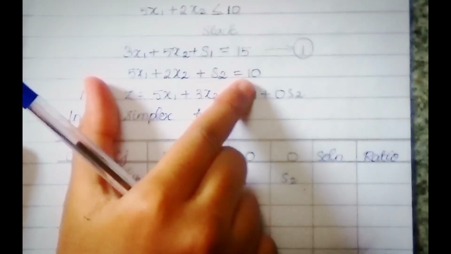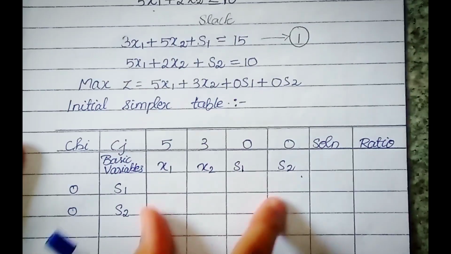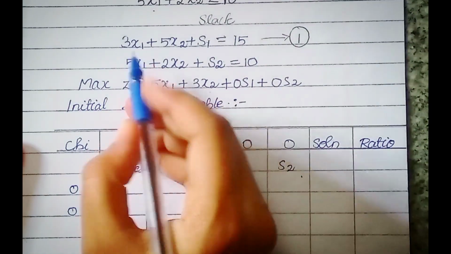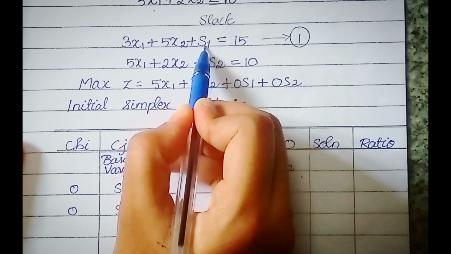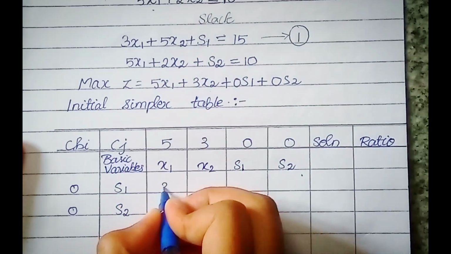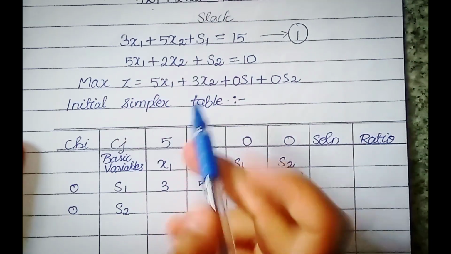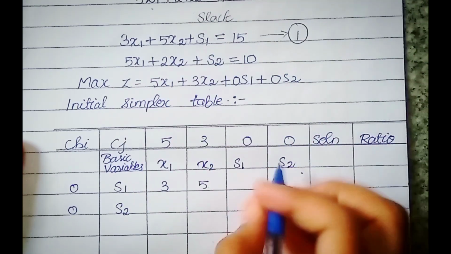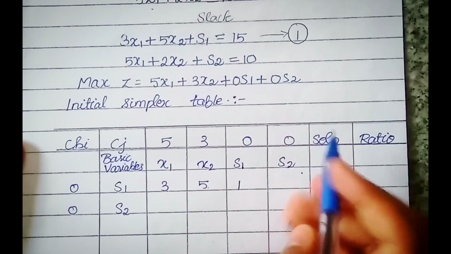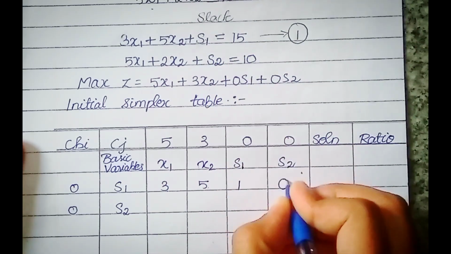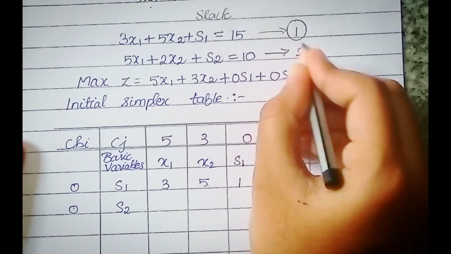Then the equations which are given in the question will be written inside the table: 3x1, 5x2, and the value of s1 will be considered as 1. There is no s2 in this first equation, so it will be written as 0. Okay, this is the first equation.